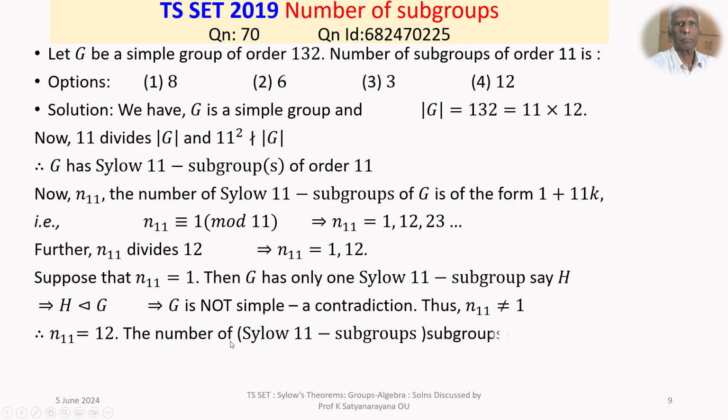That is the number of Sylow 11 subgroups, in other words the subgroups of order 11. That is 12. The answer is option 4. That is the detailed discussion of this question.